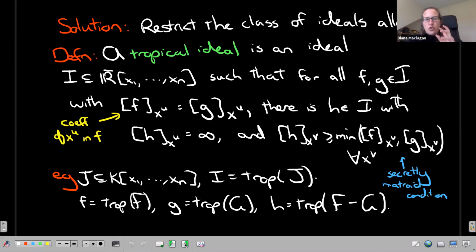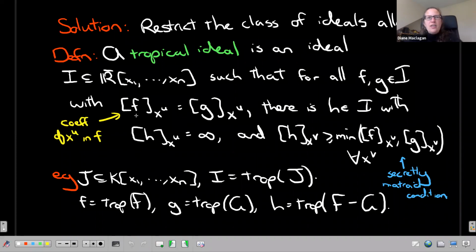So I'm going to define a tropical ideal now. This is going to be an ideal in the semi-ring of tropical polynomials that satisfies an extra condition. And this extra condition is a way to artificially put back subtraction. The problem with the tropical semi-ring is that we don't have subtraction, and so we're going to artificially put back subtraction in the following fashion.